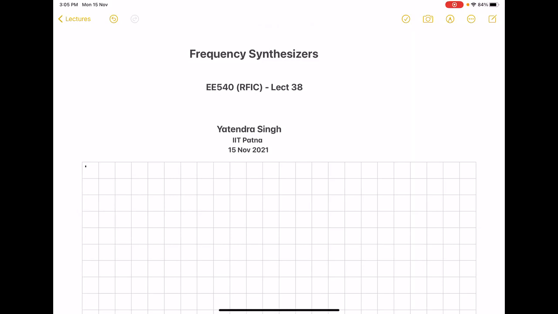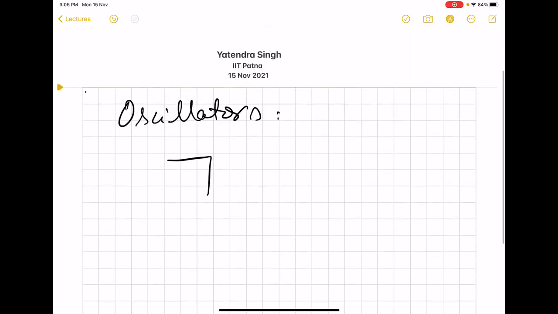But we have already studied oscillators, and they also produce frequency. That means periodic output, say A cos omega t. So then the question arises: why are we studying frequency synthesizers, given that we already have circuits which can produce frequencies, that means periodic output?